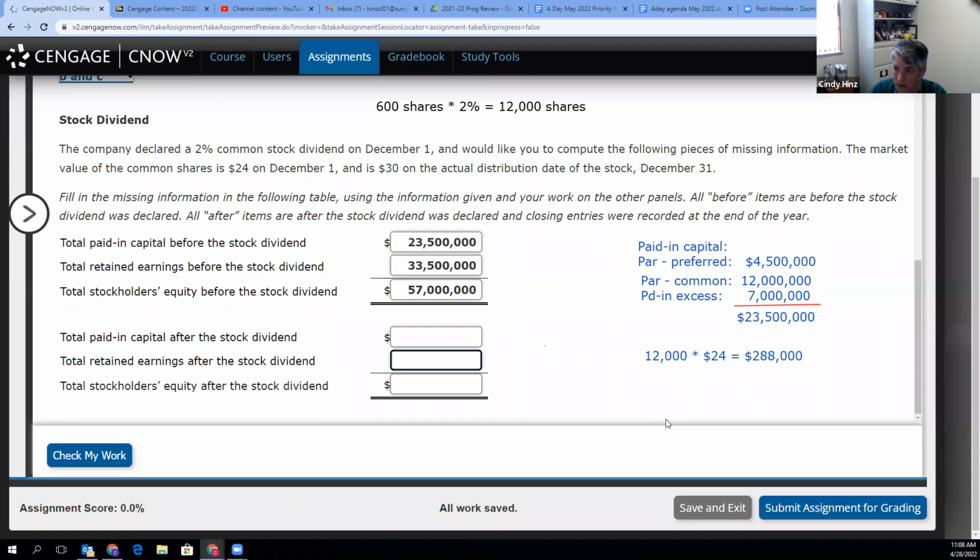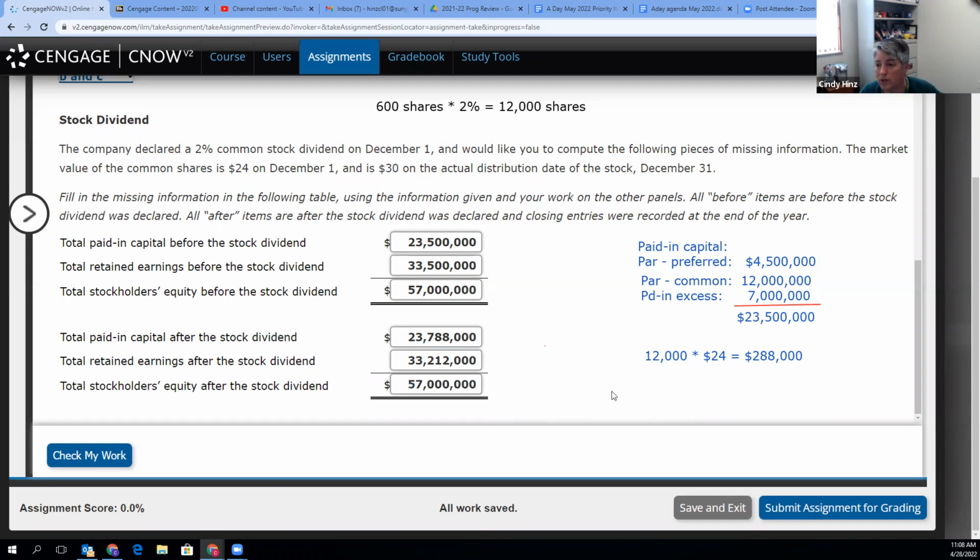So from 33,500,000 we're going to remove 288,000, and we will be left with 33,212,000 in retained earnings. And we're going to add the 288,000 to the total paid in capital.